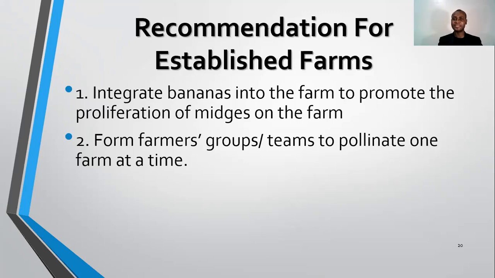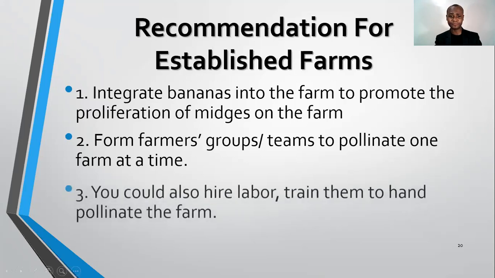After you are done, the next 3 days, you pollinate the other person's farm. After that, you pollinate the next person's farm until all the farms are pollinated. Doing it alone can be a little boring, but if you are in a team, it's easier and fun to work together. That is one thing you can do.